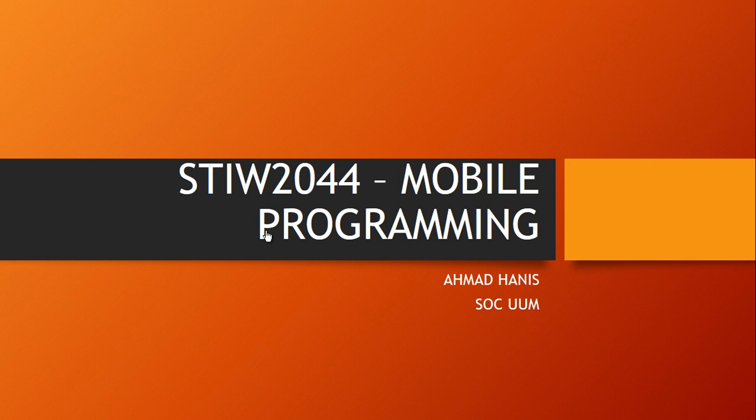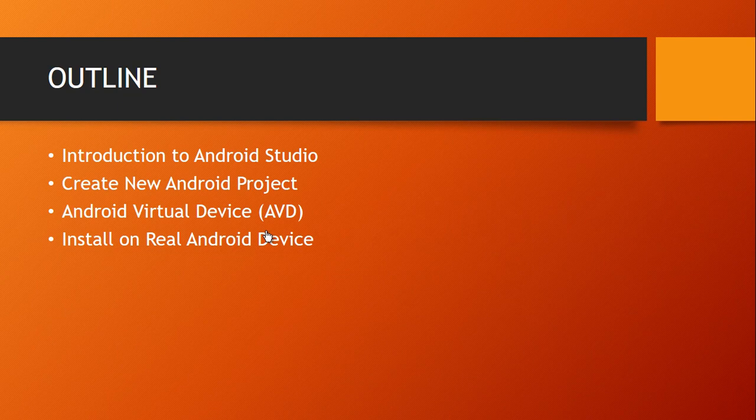My name is Ahmad Hanis, and today I would like to talk about the following outline. The first thing I'm going to talk about is an introduction to Android Studio, and then how to create a new project with Android Studio, and once you have your project created, how to test your application.